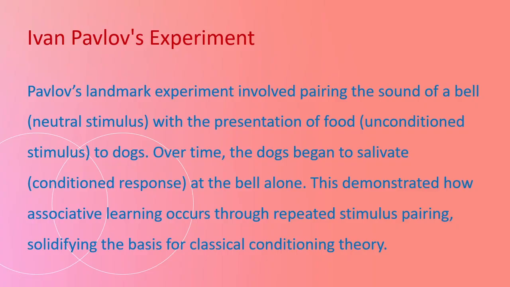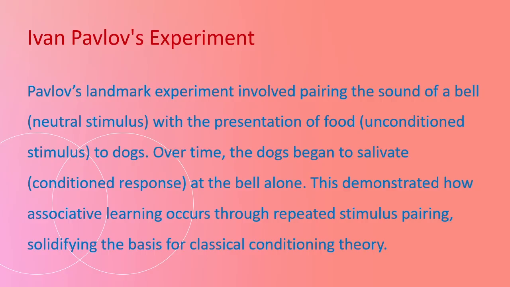Ivan Pavlov's experiment. Pavlov had a sound bell, and he experimented with a dog. The dog was his subject, the bell was his stimulus, and food was the unconditional stimulus. Over time, the dog began to salivate when the bell rang.